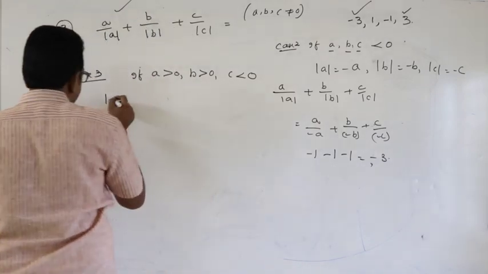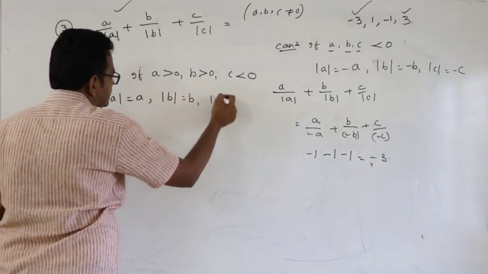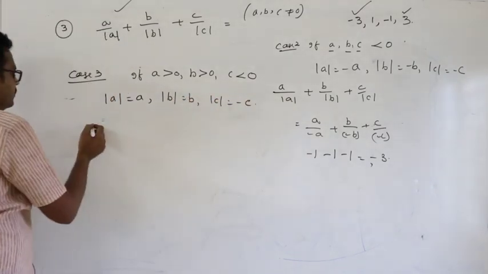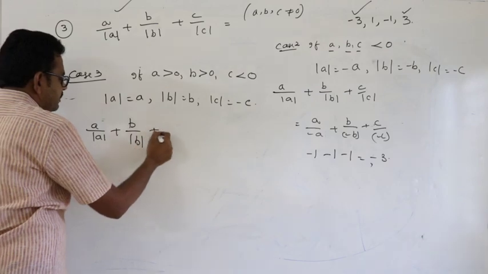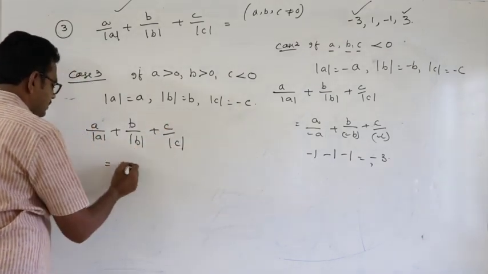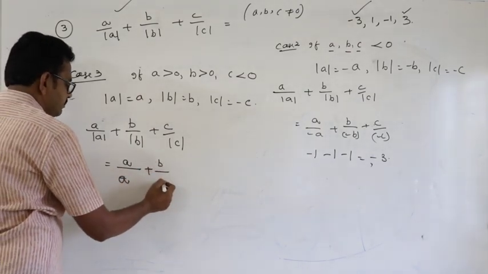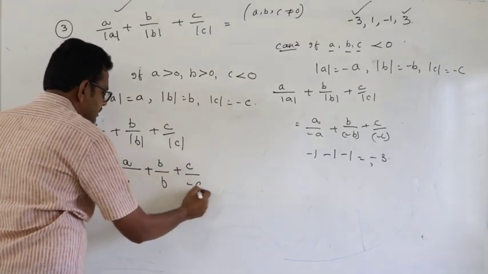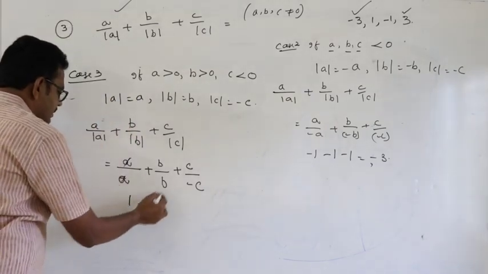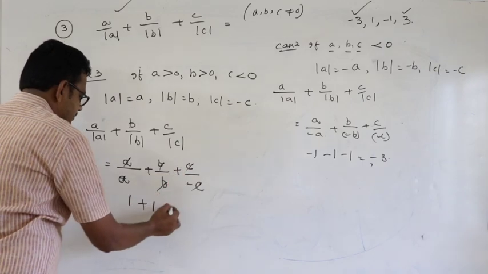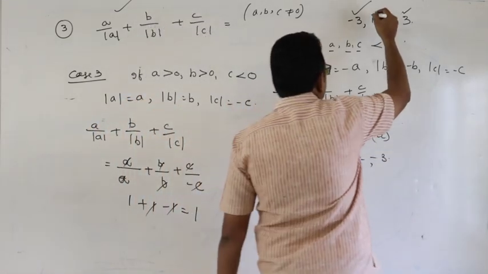So, mod A is equal to plus A, mod B is equal to plus B, mod C equal to minus C. Therefore, A by mod A plus B by mod B plus C by mod C is equal to A by A plus B by B plus C by minus C, because mod C equal to minus C. So, this is 1 and this is 1 and this is minus 1. These two get cancelled, so 1 is correct.